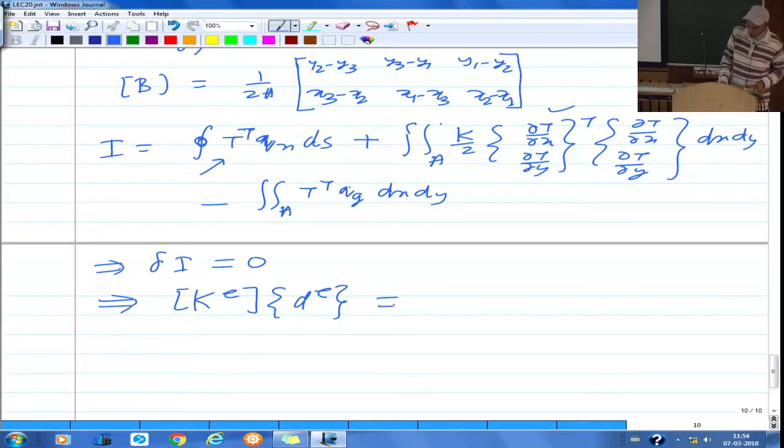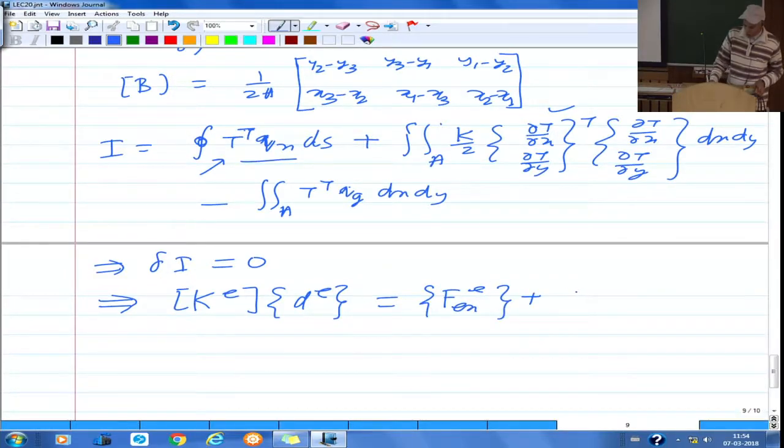These steps are the same, I am not repeating, and you will have F external, that is because of the heat generation for the element, plus F internal, that is actually this. Because now when you are talking of an element, this is interaction between different elements, so let us call that still as F internal for the element.